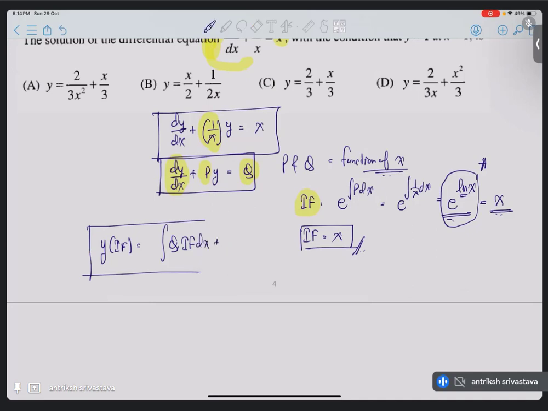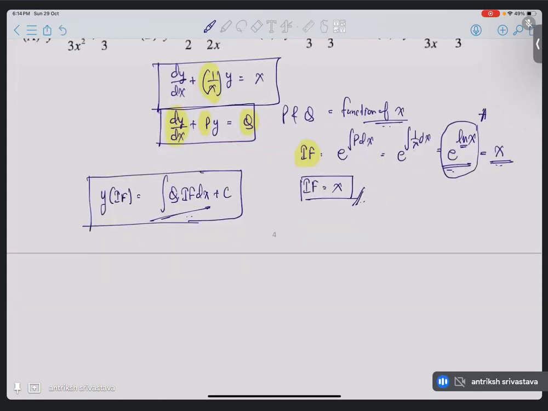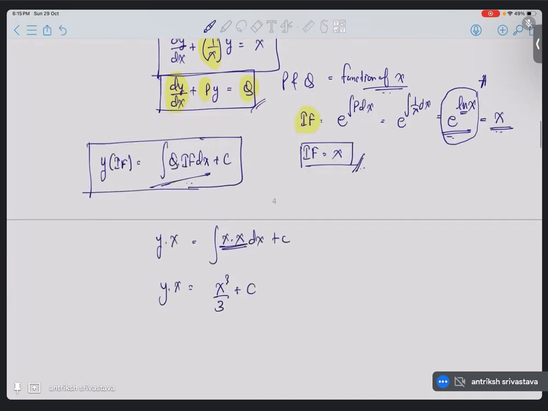You can write it after performing the integration, it doesn't matter. So now let's write the equation. y into x is equal to x, that is Q, into x, that is the integrating factor, dx, plus c. So y into x square is x cube by 3 plus c. Now move this x from the left hand side to the right hand side.